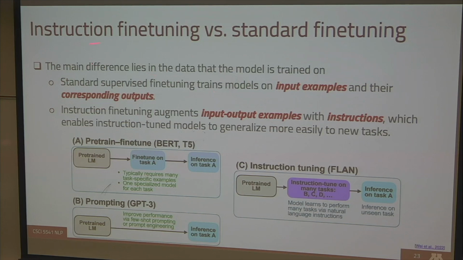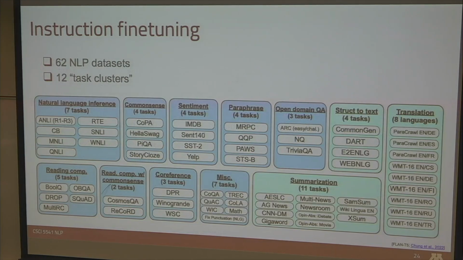The main difference between instruction tuning and standard fine-tuning is that conceptually they're the same, but the difference lies in how we prepare the data samples, especially the input portion. Standard fine-tuning trains the model on input examples and corresponding outputs, but instruction fine-tuning augments the input-output examples with instructions to perform each specific task. And let's see how we can do that. Okay, but before that, these are the initial list of NLP tasks that were considered in the first paper that proposed instruction tuning.